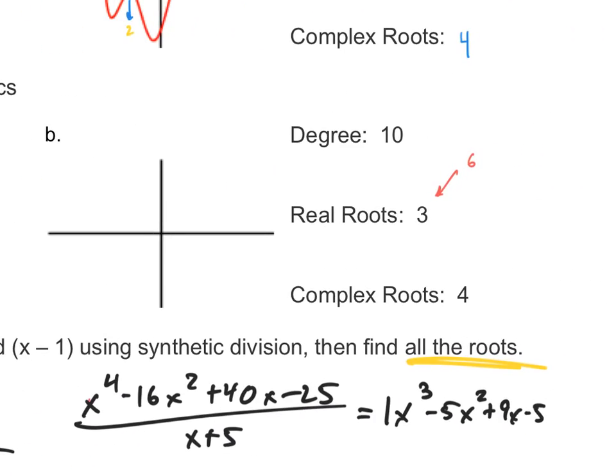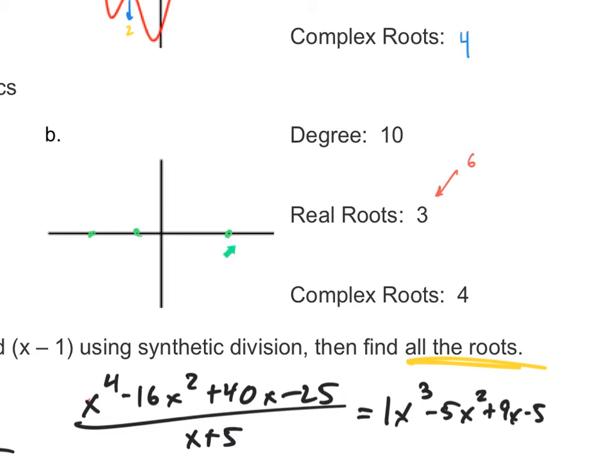As we move over to this one, this has a degree of 10, real roots is 3, and complex roots is 4. So 2 locations have to have a parabola opening away. I have to have 3 x-intercepts, so I'm just picking 3 random places. As you can see, 3 plus 4 is only 7, so these 3 real roots have to give me a total of 6 towards this degree in order to get 6 plus 4.